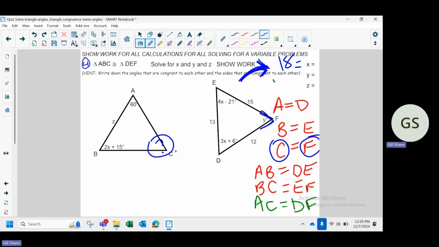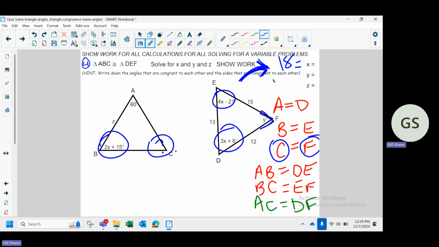Once you've solved for a variable, you can always plug it back in wherever you see that variable. So I could plug X back into all of these little expressions that have X, and then solve for all of those angles, which is what you wind up having to do.